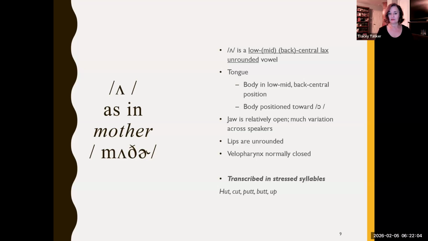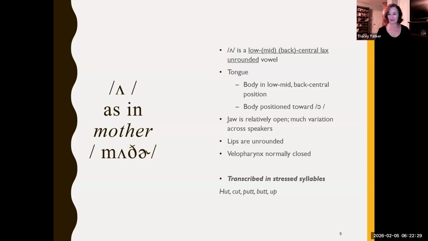And it's this version that looks like a carrot. So this is, rather than being mid central, low, mid, back. And you can feel it. It is low, and your tongue is back, right? So low, mid, back, central.